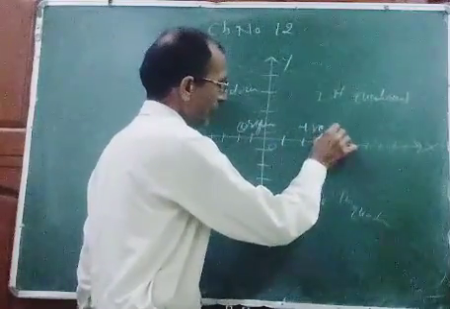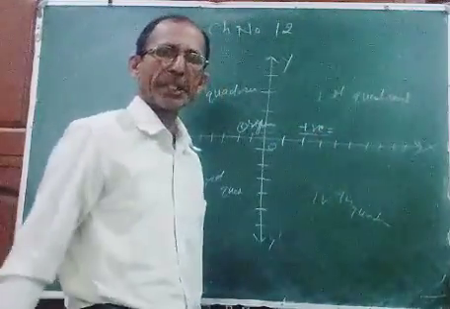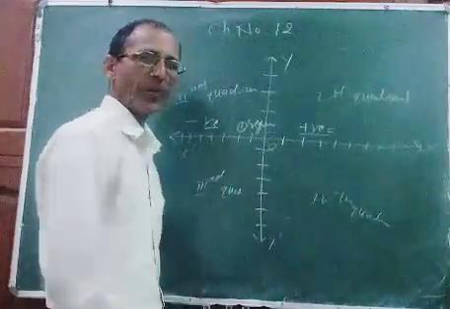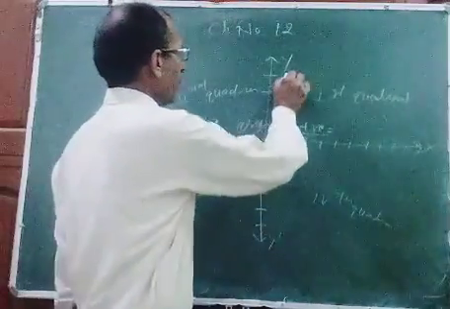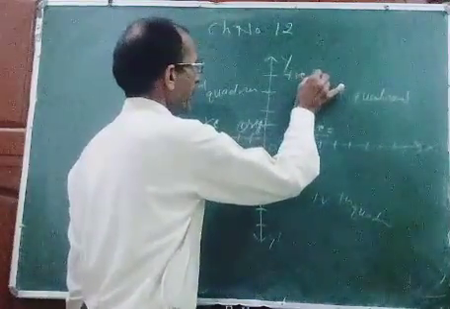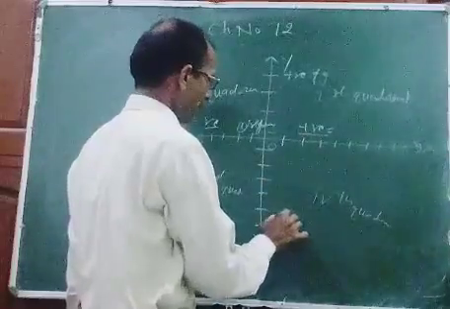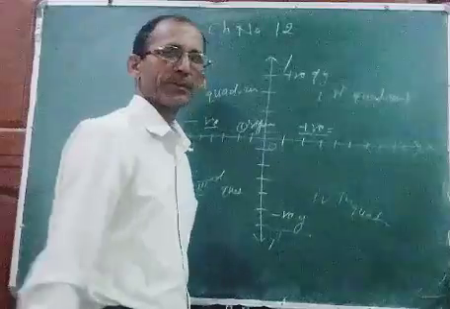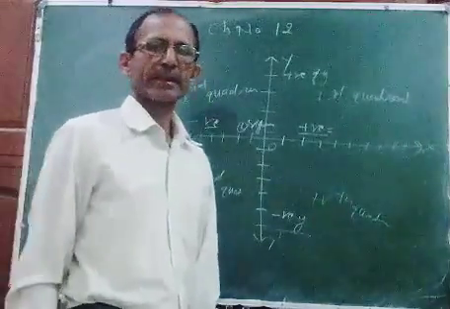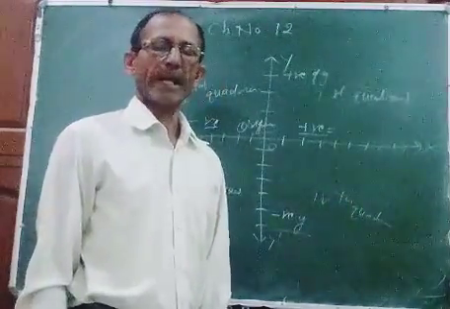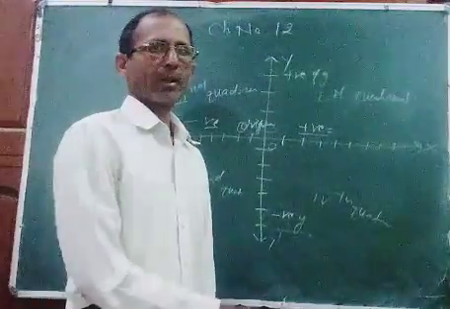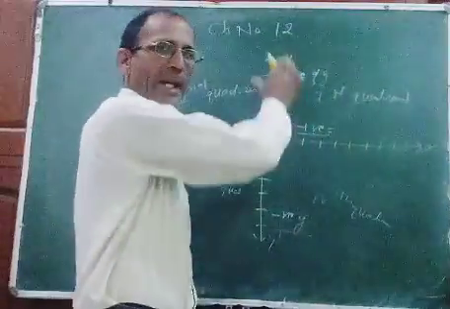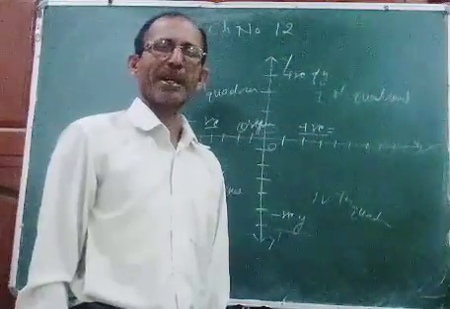If you take the value of x on this side, it will be a positive value of x, and this side a negative value of x on the x-axis, and upward a positive value of y, downward a negative value of y. The values of x on the x-axis are called abscissa, and the values of y which are represented on the y-axis are called ordinate.